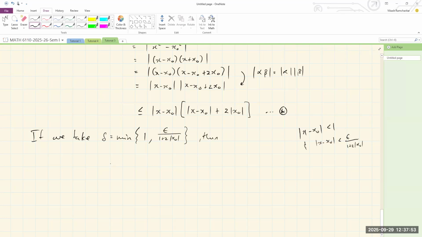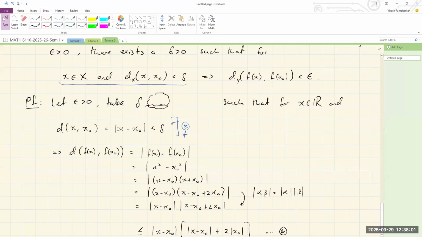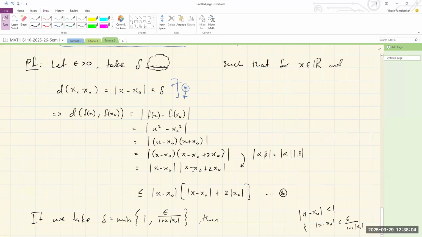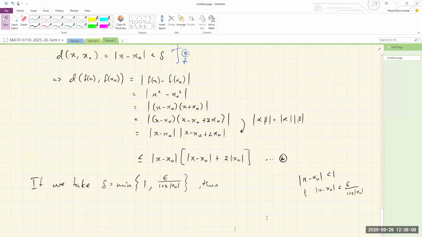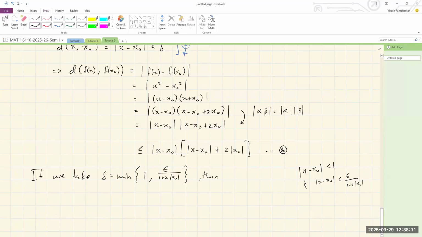Then let's see what happens. I know from up here that modulus of x minus x0 is less than delta. Then since modulus of x minus x0 is less than delta, and delta is the minimum of these two, this must be less than or equal to 1.